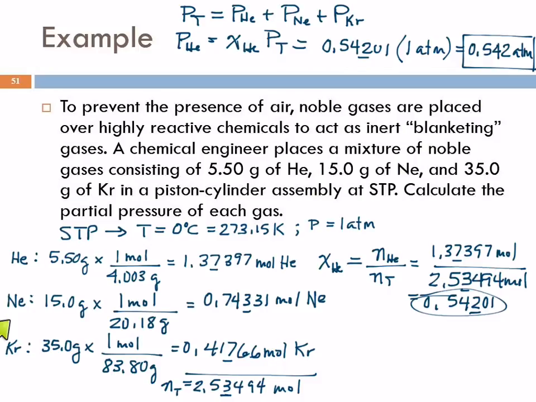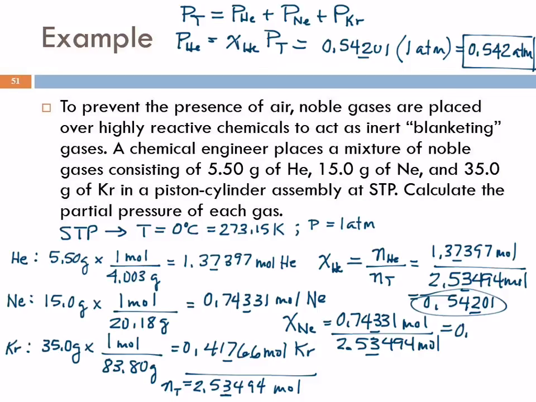So how do we find the partial pressure for neon? The same way, we need the mole fraction, right? So the mole fraction for neon equals moles of neon, which we already calculated, 0.74331 moles, divided by the total number of moles, 2.53494. .74331 divided by 2.53494.